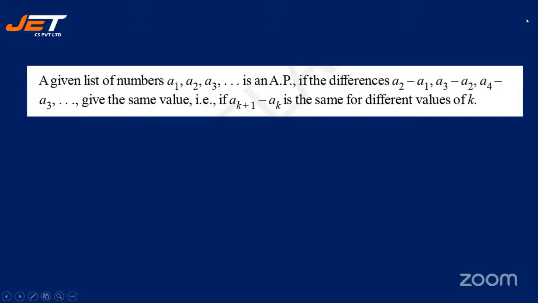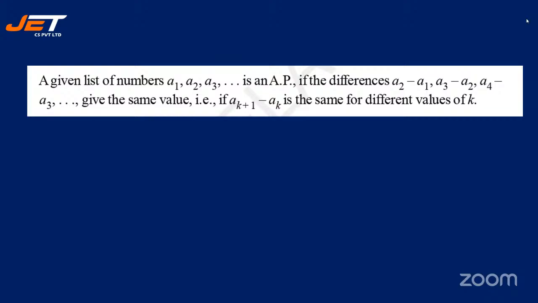A given list of numbers A1, A2, A3, and so on is an AP if the differences A2 minus A1, A3 minus A2, A4 minus A3, and so on give the same value.